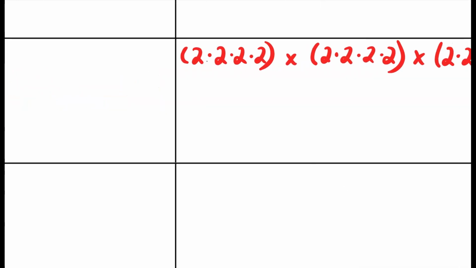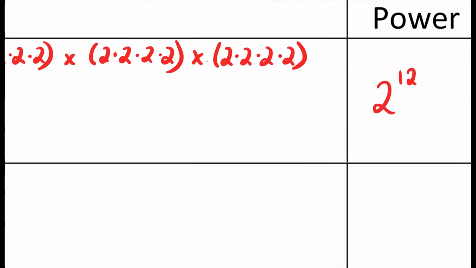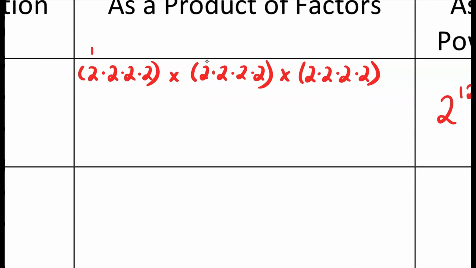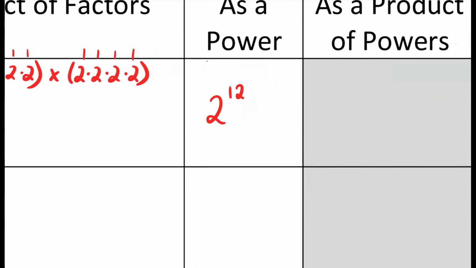We're adding those all together, and we get 2 to the power of 12. What you could also look at is your most expanded form, and you have 1, 2, 3, 4, 5, 6, 7, 8, 9, 10, 11, 12. So either way, you can look at it, and you're going to find out that you have 2 to the power of 12.